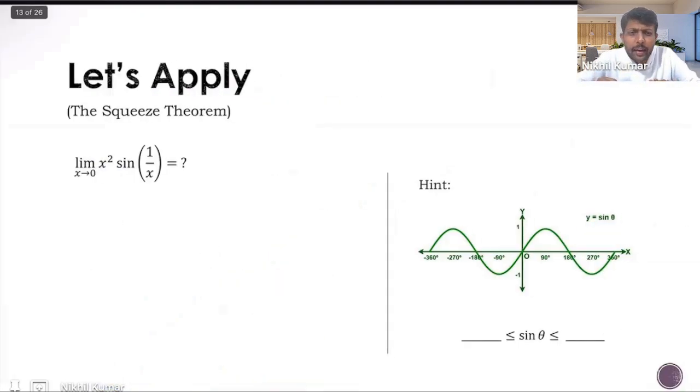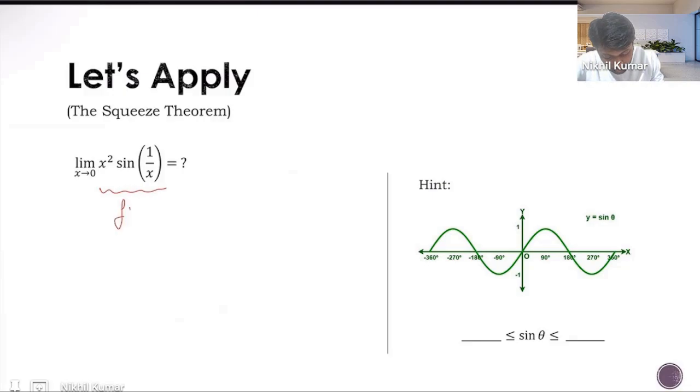We're going to apply this squeeze theorem on this limit. Now, we have a function f of x equal to x squared sine of 1 upon x. Try using direct substitution. See what you're getting. We're getting 0 into sine of 1 upon x.